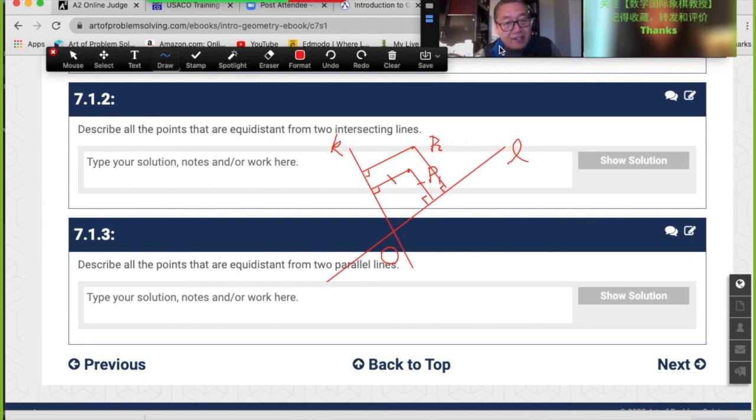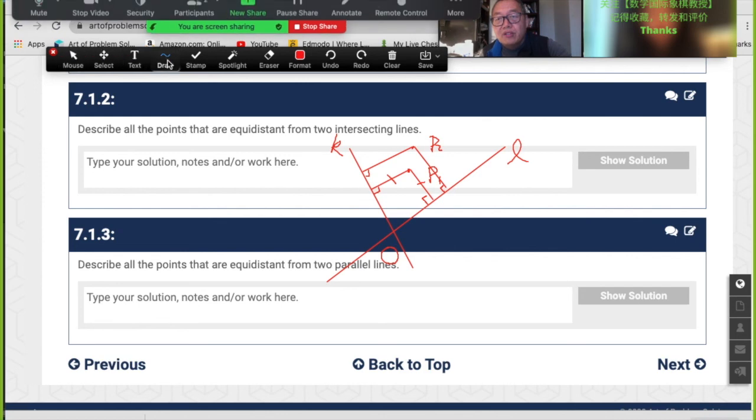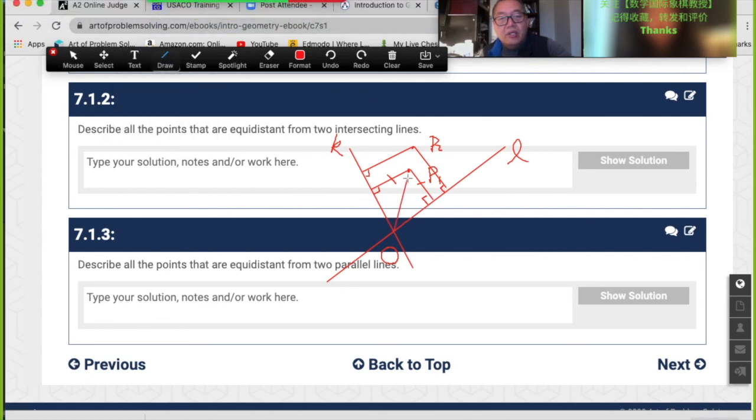This is exactly the angle bisector. All these points should be on the angle bisector. Otherwise, they cannot have the same distance to these two sides. If you connect O with P1, P2, this OP1, OP2 bisect these angles, bisect this angle.